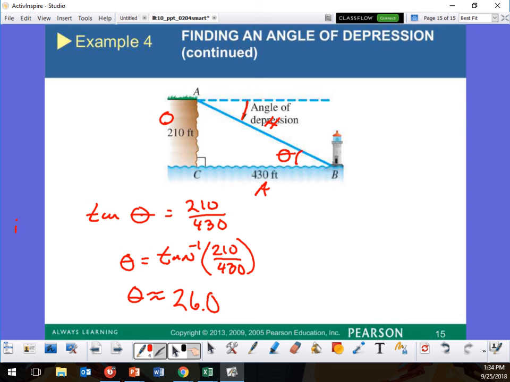What are my units here? Degrees, because I'm looking for an angle, right? My angles are measured in degrees. If I'm looking for a side, it would be feet in this case. You have 27? It should be 430. I'll put 400. There we go.